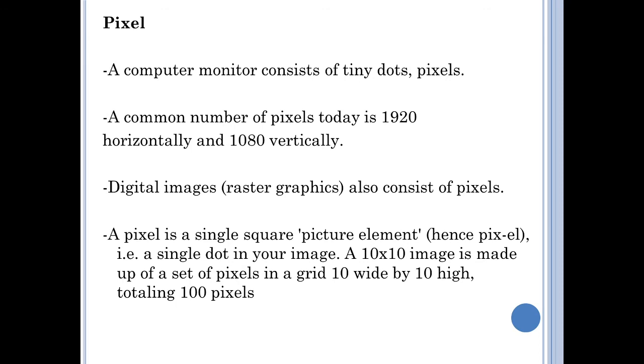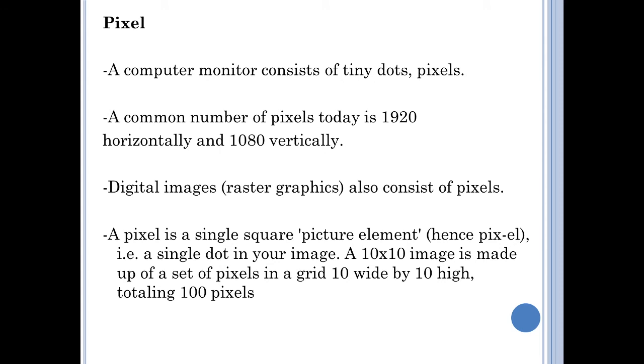A computer monitor consists of tiny dots or pixels. A common number of pixels today is 1920 horizontally and 1080 vertically. This is a standard resolution or pixel size of any screen.